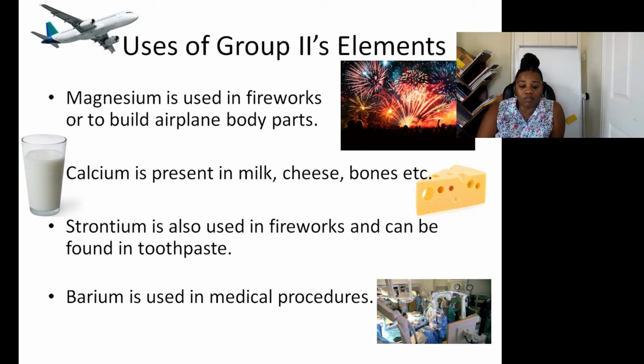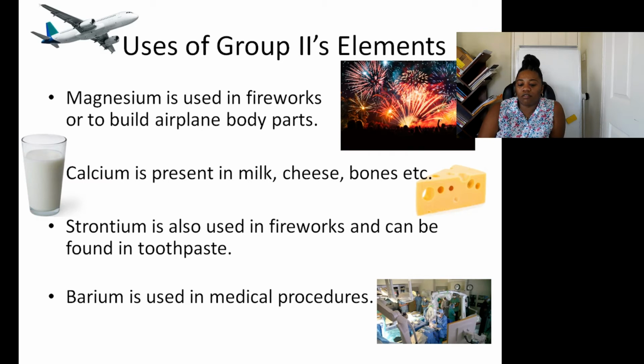So strontium is also used in fireworks and can be found in toothpaste, like what I said. And barium is used in medical procedures. When you're taking x-rays, they usually give you barium sulfate, a little salt with barium, and you swallow it so that they can see it traveling through your organs in x-rays.